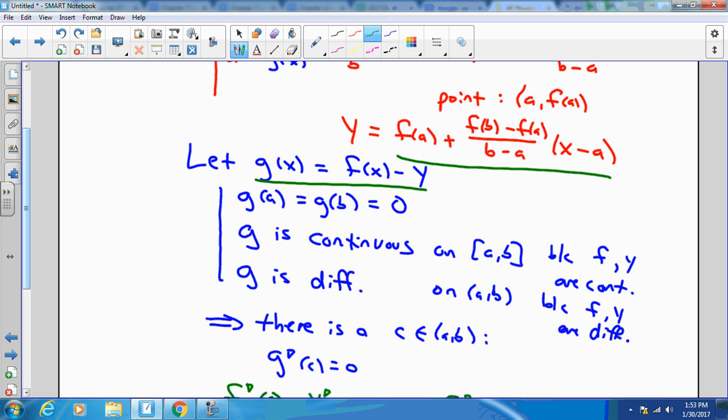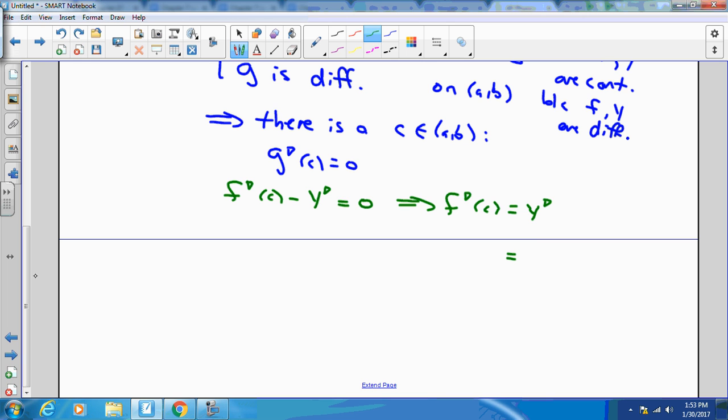And the derivative of any line is its slope, right? What is its slope? f of b minus f of a over b minus a. So the point at which our helper function has a slope of 0 is exactly the point where the original function f has a slope equal to the slope of the secant line, where the tangent line is parallel to the secant line.